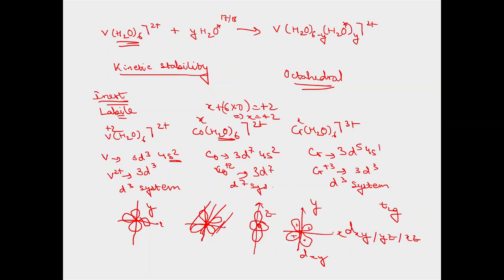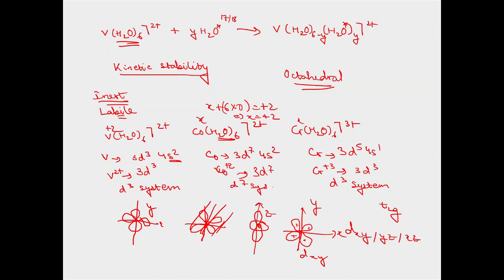Now if we see the dxy, dxz and dyz orbitals, these 3 orbitals are lying in between the axes and not along the axis, whereas the dx square minus y square and dz square orbitals are lying along the axis.